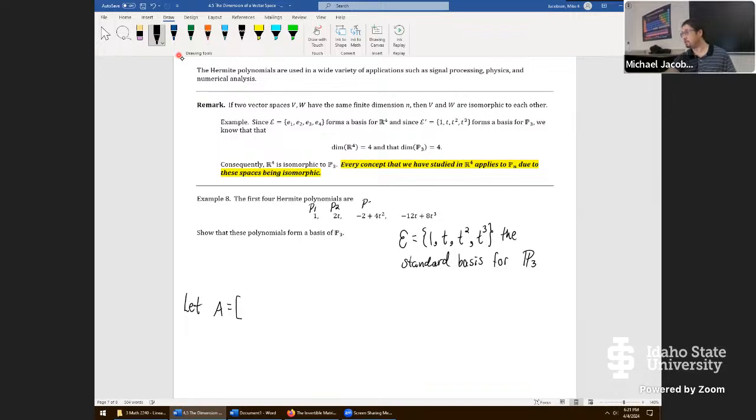This is P2, P3, and P4. So we'll go over here and say A equals the coordinate vector of the function P1 relative to the basis E that we just put down, and then do the same thing for P2 through P4. So A is going to be a matrix consisting of vectors in R4 that are the result of the coordinate mapping.